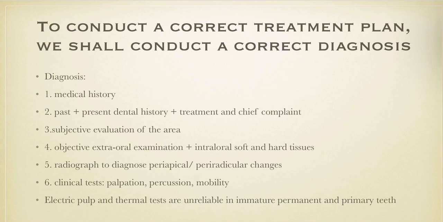So what is contained in a correct diagnosis? We take first the medical history, then the past and present dental history, and we look at the treatment and chief complaint, which in children is mainly pain. Then the subjective evaluation of the area, and the objective extraoral and intraoral examination of soft and hard tissues.